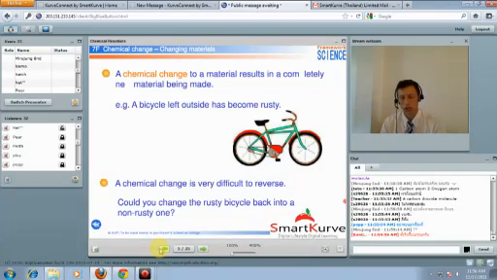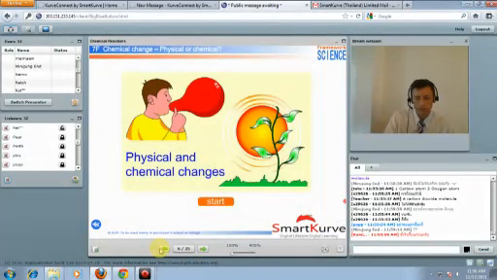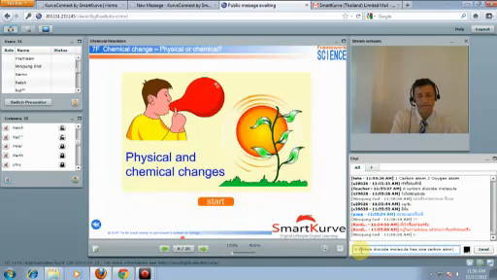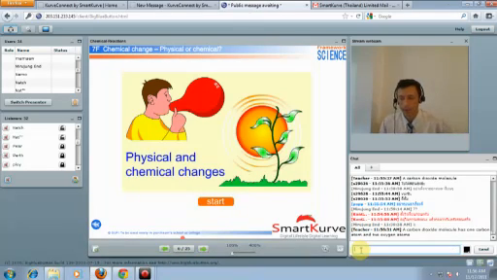Here, I will type the complete sentence for you. There we go. A carbon dioxide molecule has one carbon atom and two oxygen atoms.